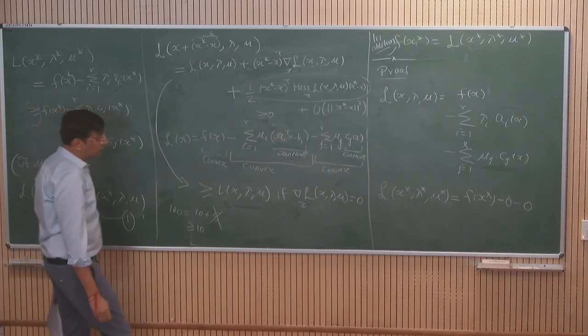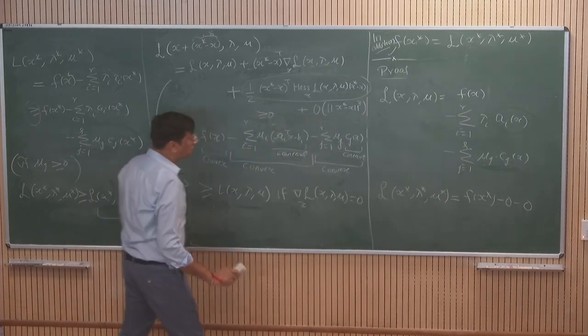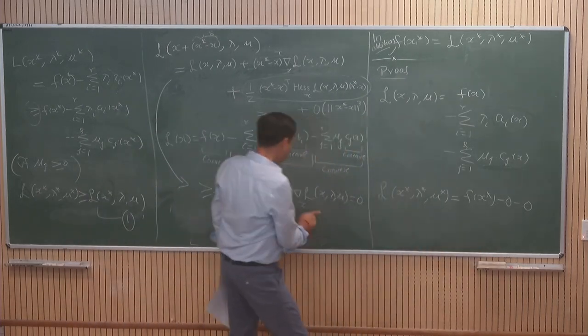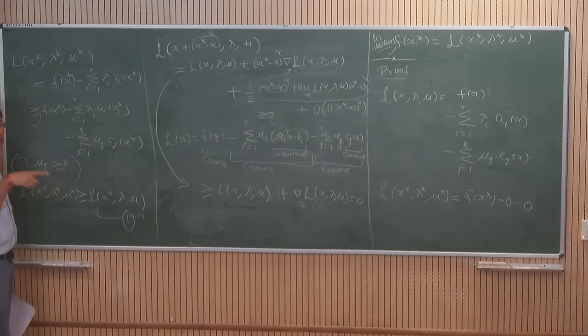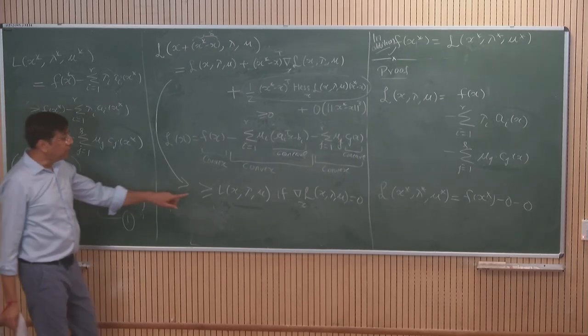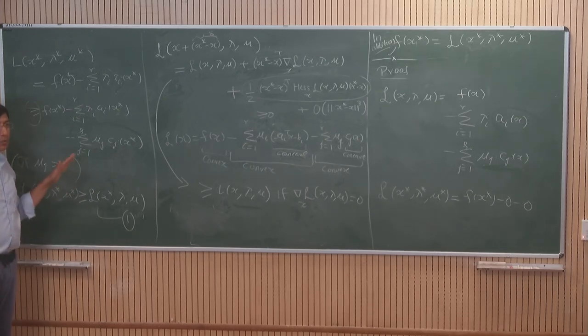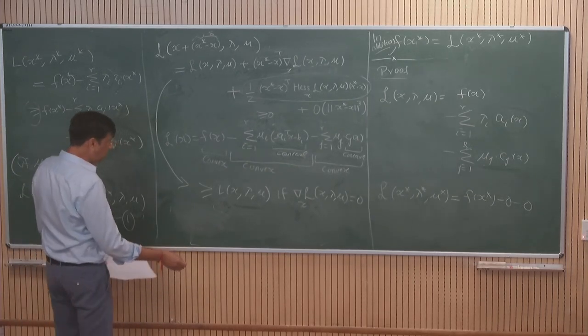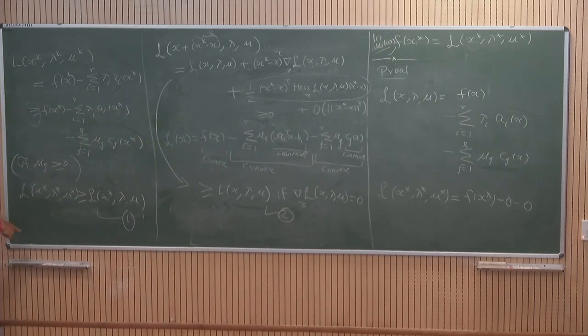So now what do we get? Why did I force this to be equal to 0, and this greater than or equal to 0? Look at the constraints of the dual problem which I have just removed. It says that the gradient of the Lagrangian with respect to x is 0 and mu j is greater than or equal to 0. So I'm already adding those constraints as I'm trying to prove this. Okay? So this is the second equation. Now if you look at the first and the second, what do you get?